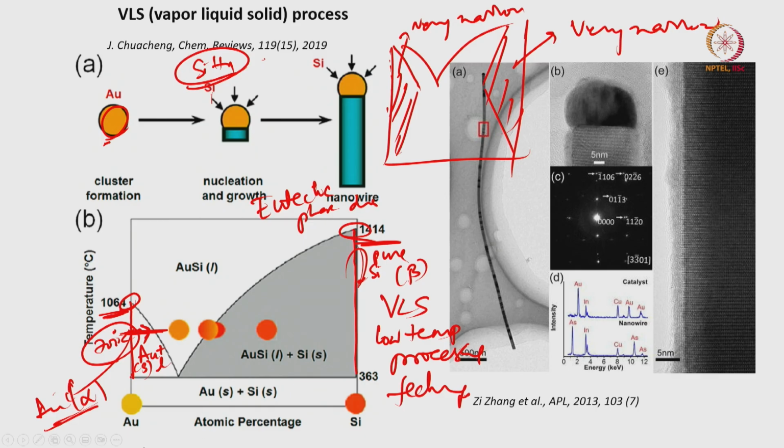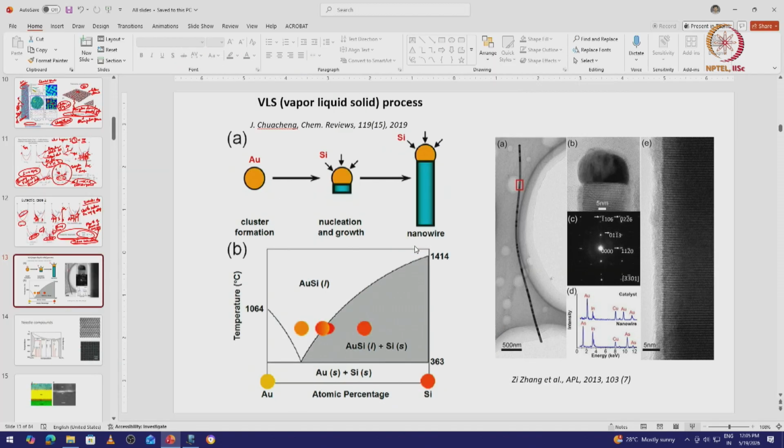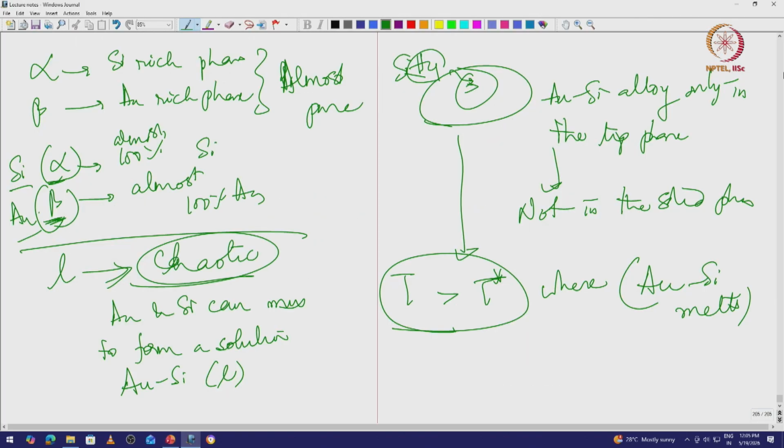So initially what I am doing is, let us keep these annotations. I am sending in silicon in the form of SiH4, right, to gold, and this is going to form gold silicide, right. So the gold particle is going to convert into liquid gold silicide plus pure gold, right.